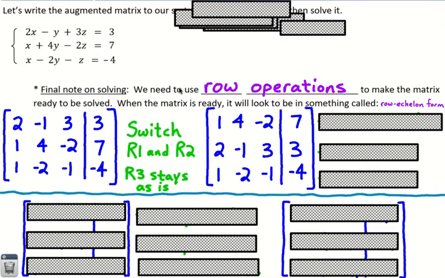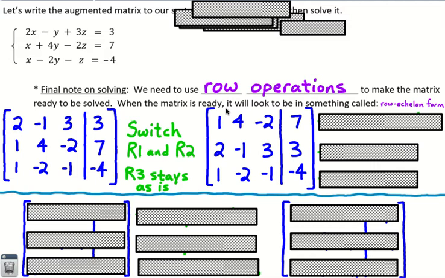So, the only reason I actually switched row 1 and row 2 was because it is a very good thing to have our upper left-hand number be a 1. Okay? Maybe I'll follow up on that later as to why, but it's not totally mandatory.